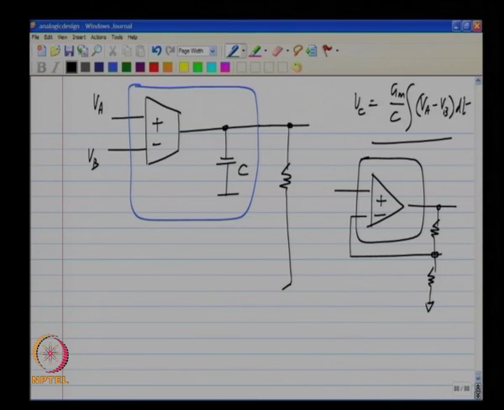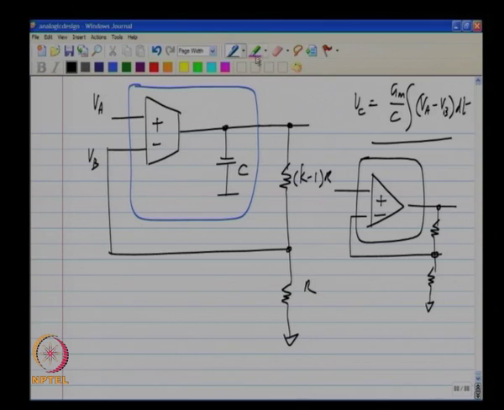We can try to do this. So, think about this circuit for a moment and see if it works. You will immediately see a big problem here.